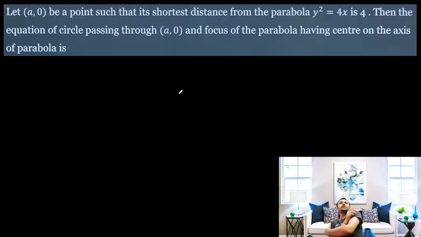A comma 0 be the point such that its shortest distance from the parabola is this. Then the equation of circle passing through a comma 0 and focus of the parabola, having center on the axis of parabola.